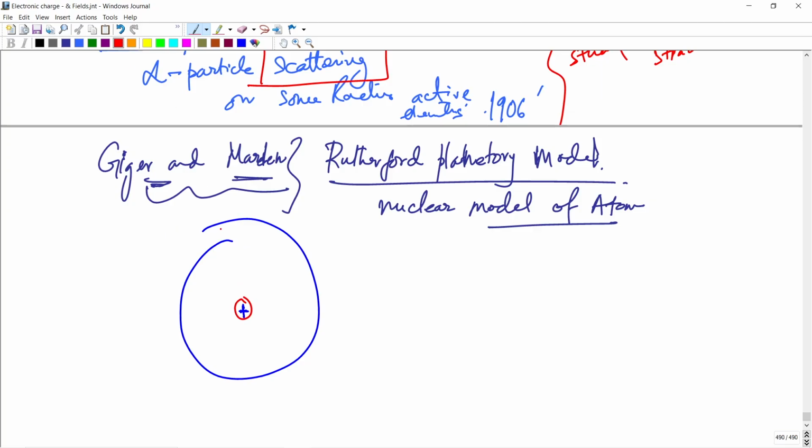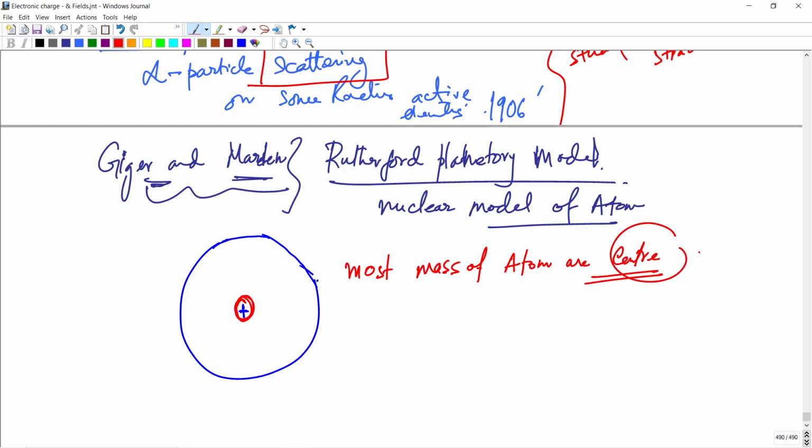This is called the nucleus. So the nucleus contains the maximum mass of the atom.